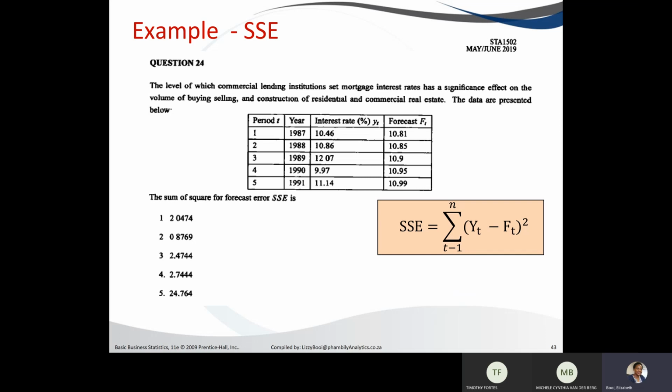And we know the formula says it is the sum of the difference squared. I'm not going to write it there, I'll just do it on here and write the answers from here. So this will be your y hat minus ft, squared.